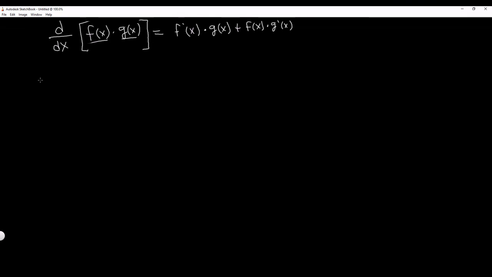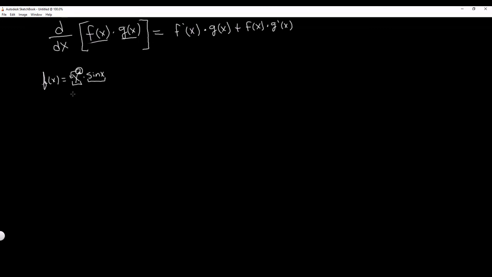So for the first one, we're going to have f of x is equal to x squared times sine of x. So this will be our first function, f of x, and then this will be our second function, g of x. So if we look up here, we take the derivative of the first, and by the power rule, it says that we bring down the exponent to the front, and then we subtract one.